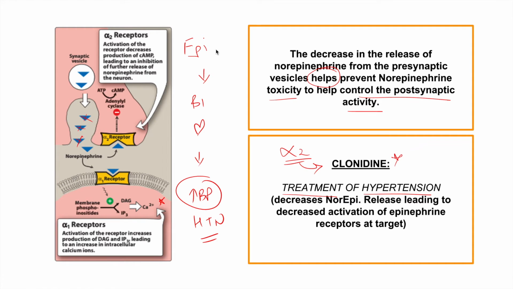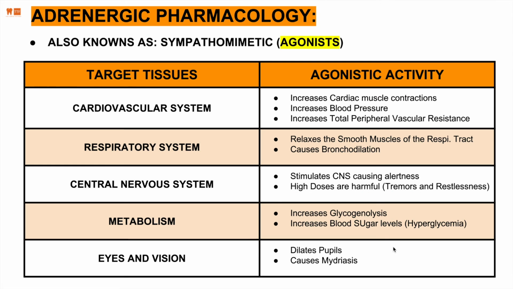But what if we take away that epinephrine and put it back into a presynaptic receptor? Then beta-1 cannot be activated, heart cannot be activated, blood pressure cannot go up, and hypertension is treated. Simple. Therefore, the decrease of norepinephrine release leading to decrease of activation of epinephrine receptor at the target, so no hypertension. Fair enough? Great.